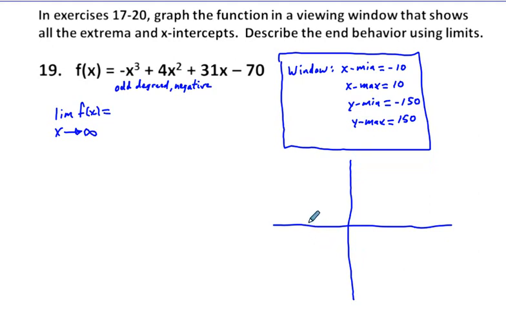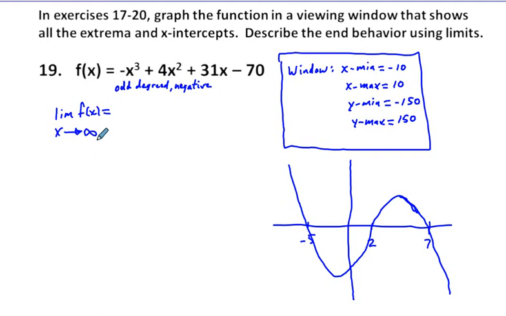So I think we had -5, 2, and 7 as our zeros. And we're going to start high and go through here, come back up here, see our y-intercept at -70, come up here at 2, go up like this, and down again.